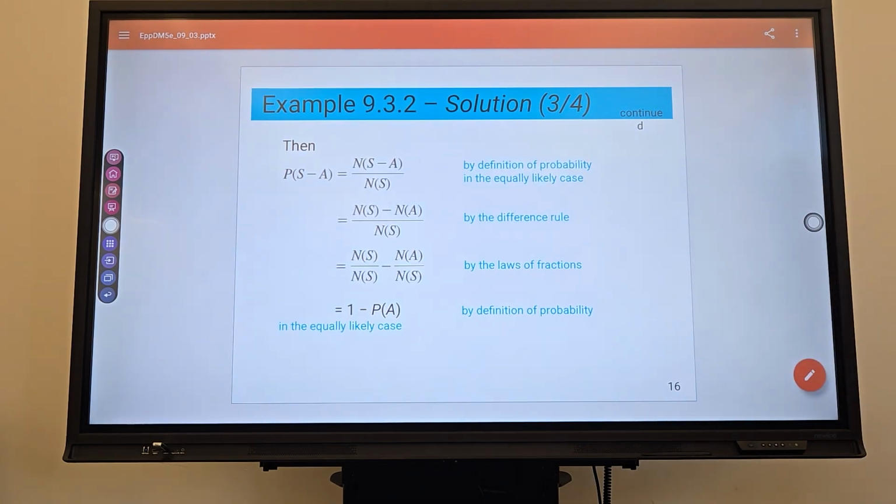Then P of S minus A equals N of S minus A over N of S. By the difference rule, that's N of S minus N of A over N of S, which equals 1 minus P of A, by the definition of probability and the law of fractions.